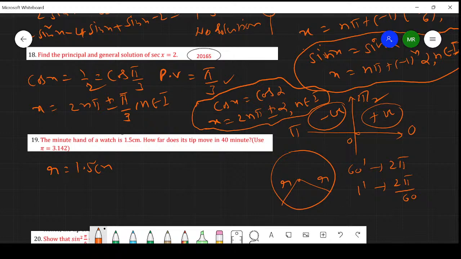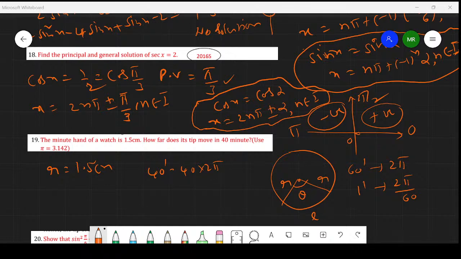In 40 minutes, what about theta? In 40 minutes, I can find the value of theta, the angle turned. This theta I want. In 1 minute, 2 pi by 60 radians. In 40 minutes, I can write 40 into 2 pi by 60.